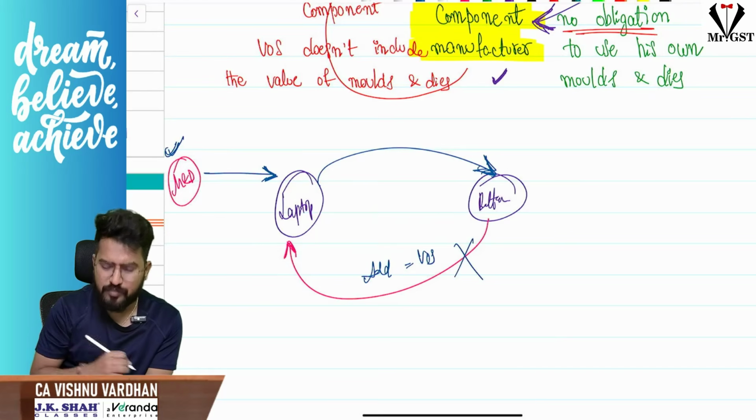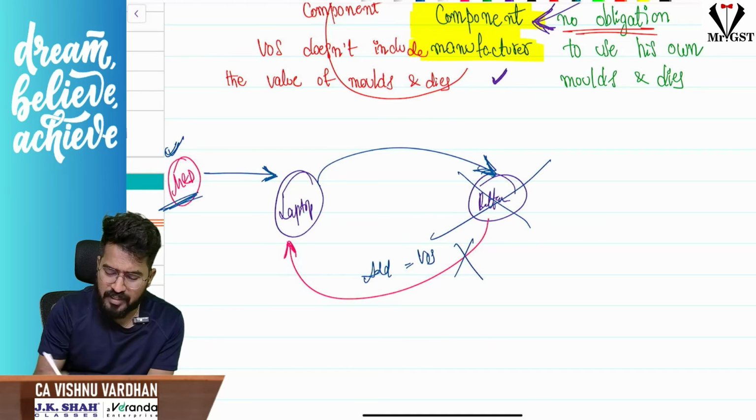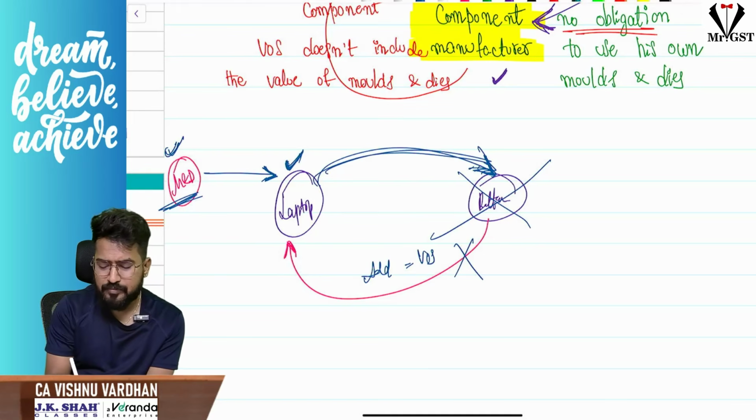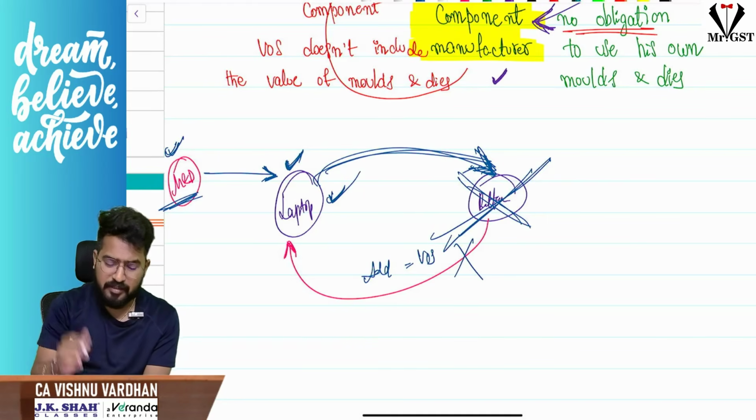The answer is no, because these molds and dies are not the obligation of the component manufacturer. So the laptop manufacturer is buying them and giving them to him. It is his obligation only. It is not the supplier's obligation discharged by the recipient. That case is not there here.